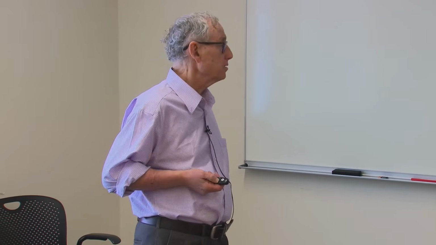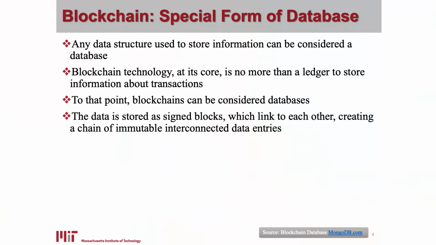Nothing more or less. Data is stored in signed blocks. The blocks are linked to each other, creating a chain of immutable interconnected data entries. So that is an important mechanical aspect of how the blockchain database works.